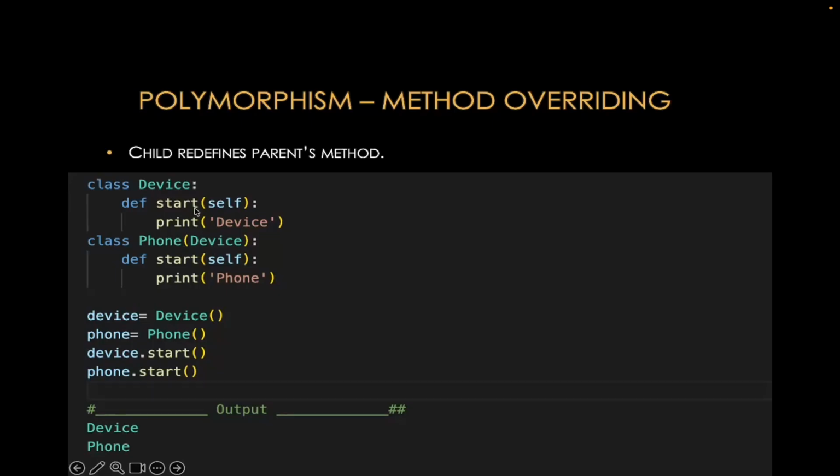Both device and phone have the same method start, but the behavior is different. In the device, the start method will print device, whereas in phone, the start method will print phone. If we make the objects of both the classes and invoke the start method, then they will produce different output. So the start method has a different form.